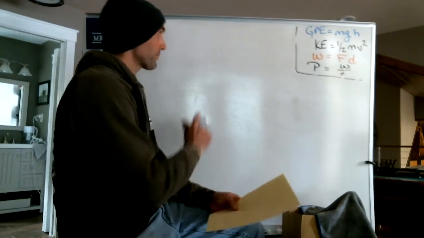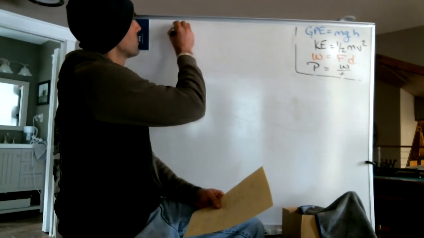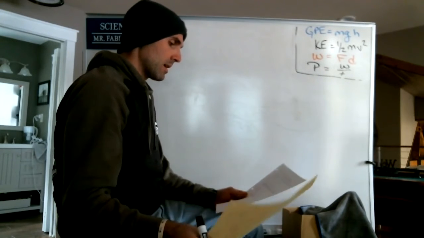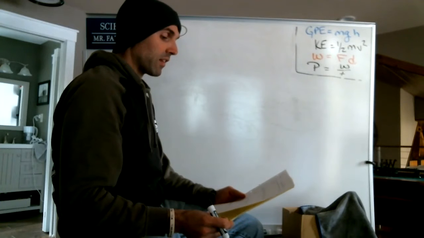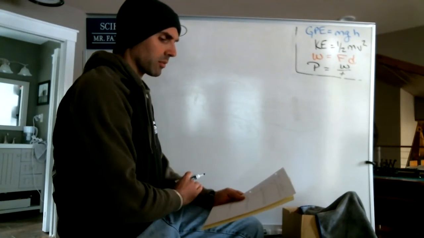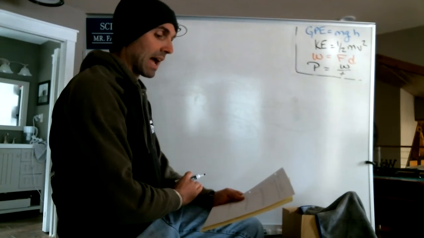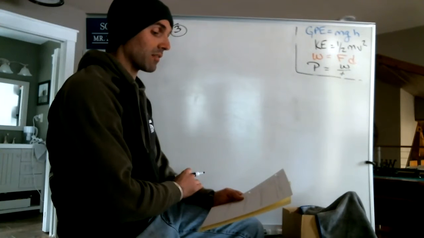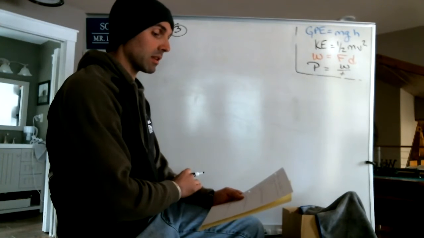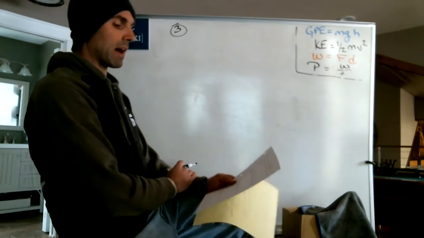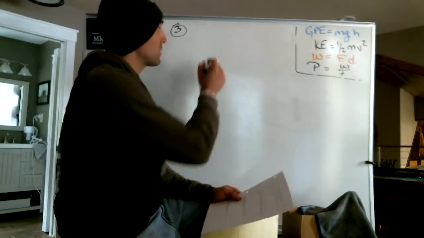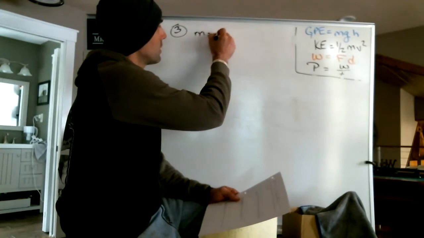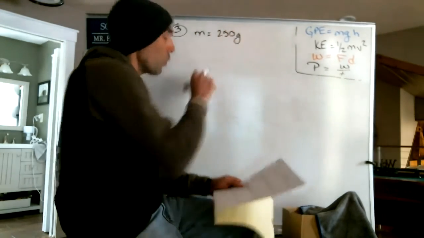So, all right, let's look at number 3. A 250 gram cart starts from rest and rolls down an inclined plane from a height of 0.541 meters. Determine its speed when it's at a height of 0.127 meters above the bottom. Let's get some information down here. The mass is 250 grams.